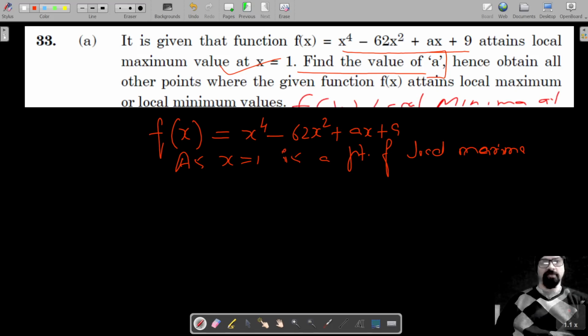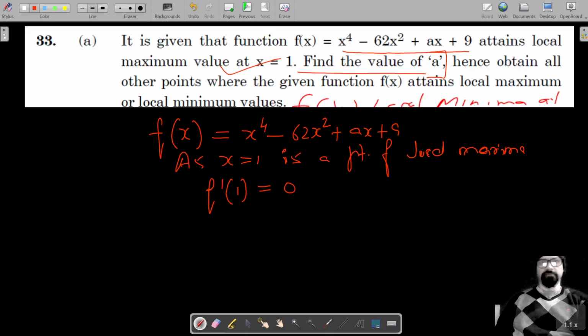And we know that for the critical points of local maxima or minima, the value of the derivative at that point is equal to 0. So f dash 1 should be equal to 0.